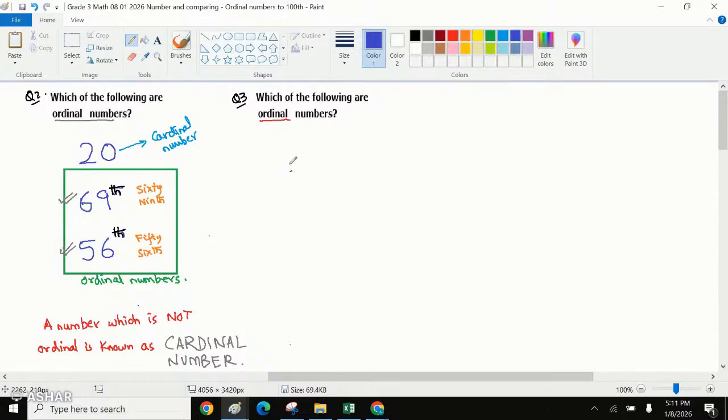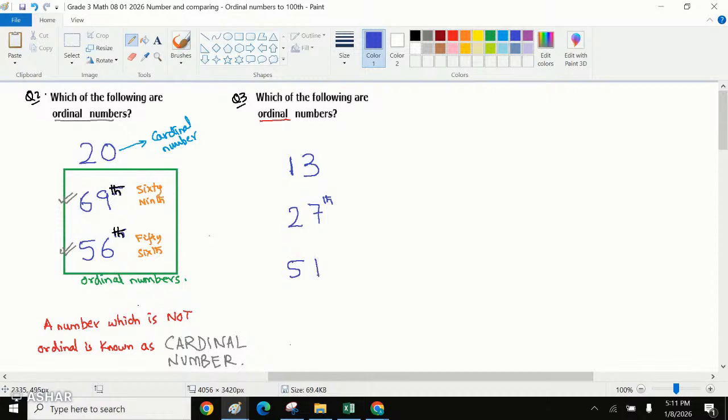Let's suppose the numbers are 13, 27 with the th, and 51.